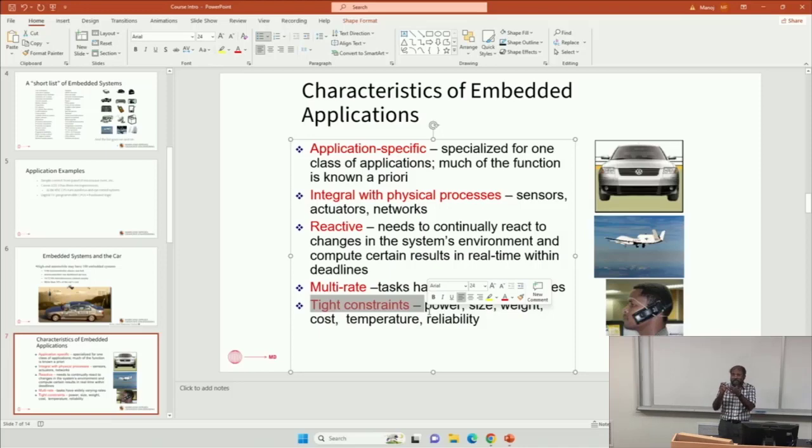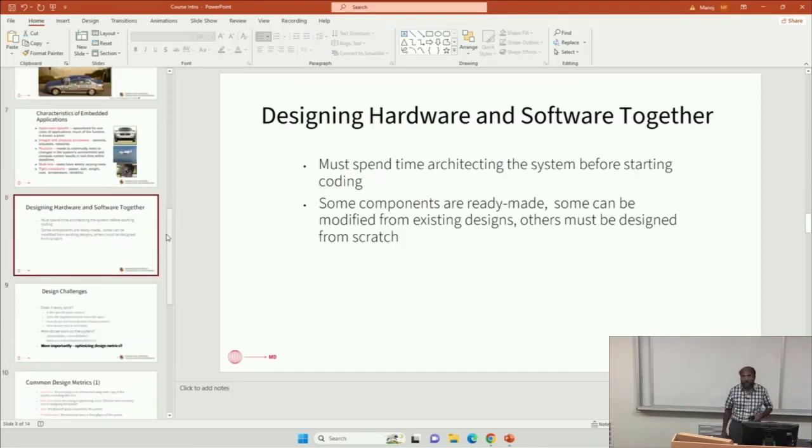They need to be very small and cost efficient. So the constraints are many, and we have to design the hardware and software together. We call that hardware-software co-design. This is, again, different from what you may have seen so far in general-purpose computers.